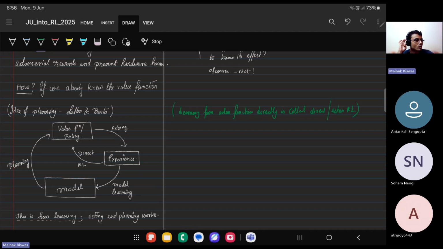What you do is you take the value function, select an action, and see how this action reacts with the environment. You get an experience, that is a reward, and using this reward signal, your value function is trained.